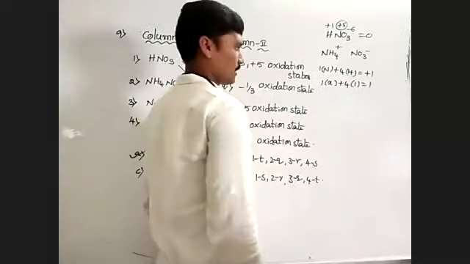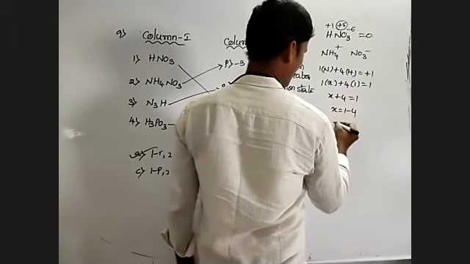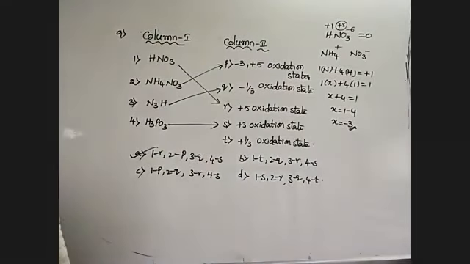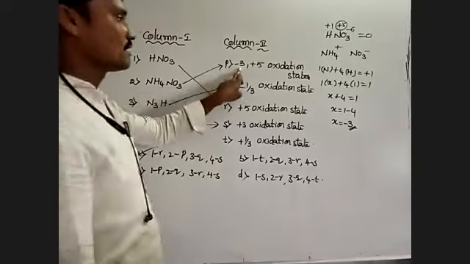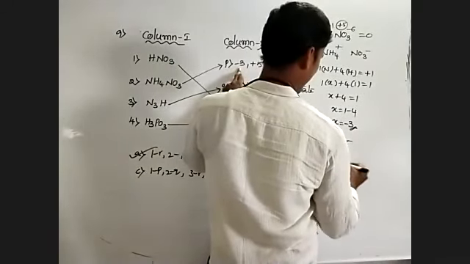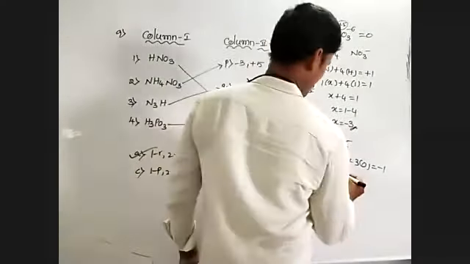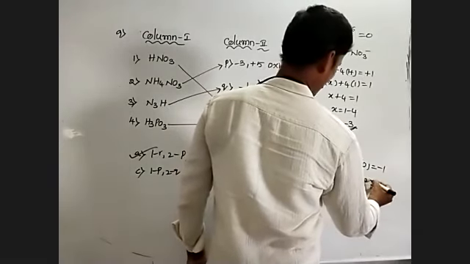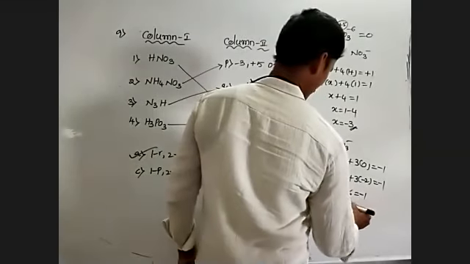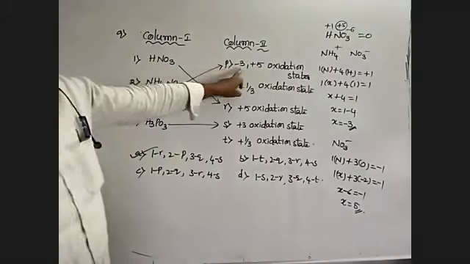Hydrogen oxidation number 1. So X plus 4 is equal to 1. X is equal to 1 minus 4, minus 3. NH4 plus is minus 3. NO3 minus: 1 nitrogen, 3 oxygens, that is equal to minus 1. So 1 into X plus 3 into minus 2 is equal to minus 1. X minus 6 is equal to minus 1. X is equal to 5. Okay, so minus 3 plus 5.